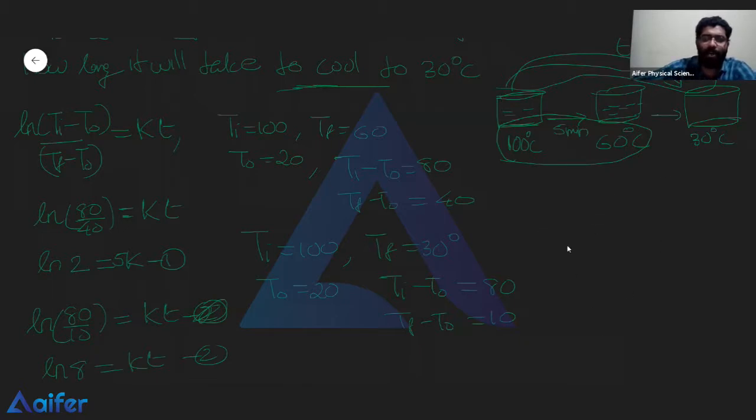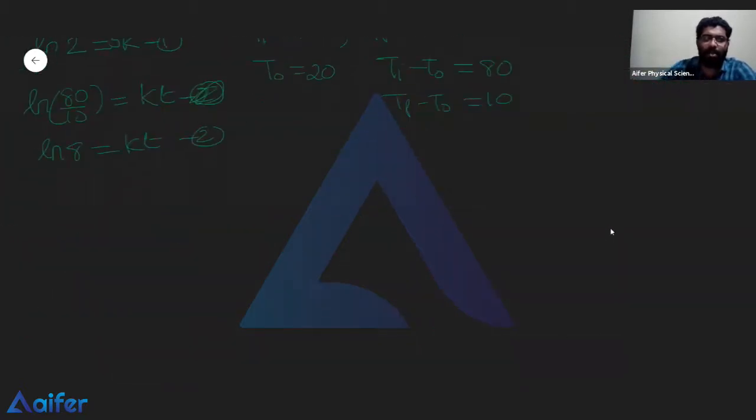You can divide, you can solve it very straightforwardly. ln 8 equal to kt, ln 2 equal to 5k. So I am dividing these 2 equations so I can eliminate that constant term. ln 8 I can write as ln 2 raised to 3, which is nothing but 3 ln 2.